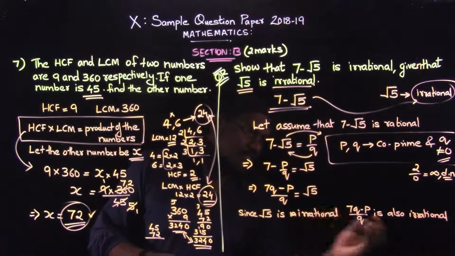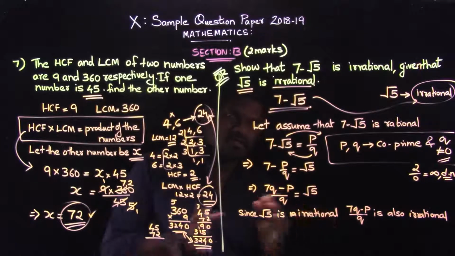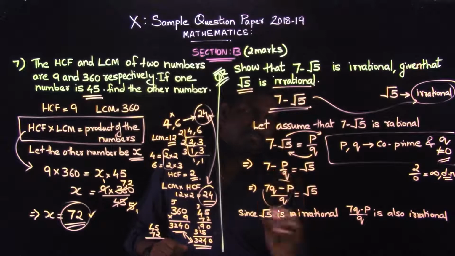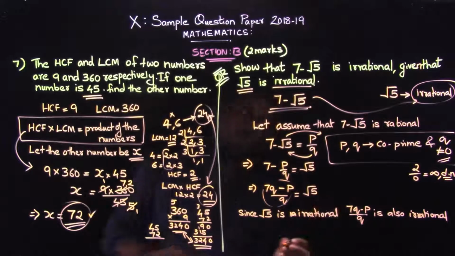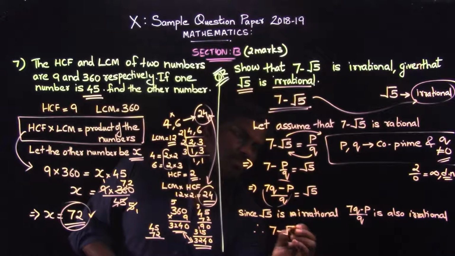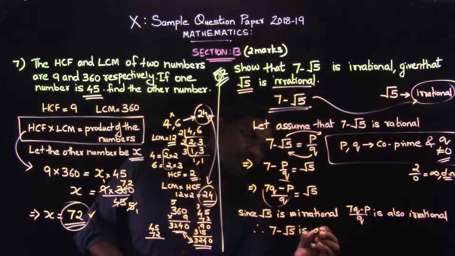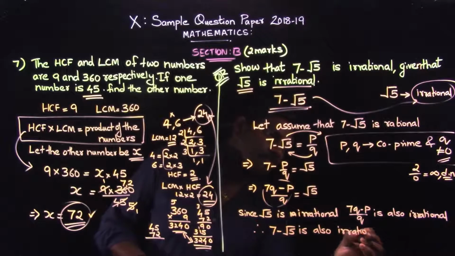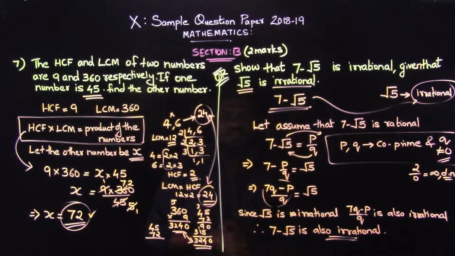So that's why there is a contradiction here. There becomes a conflict here. So the whole thing is actually irrational. Therefore, 7 minus root 5 is also irrational. Got it clear?